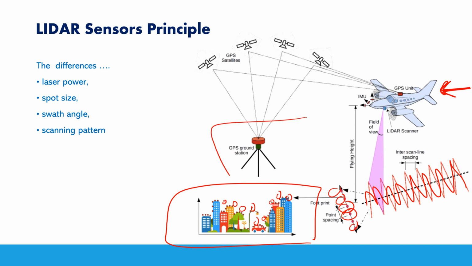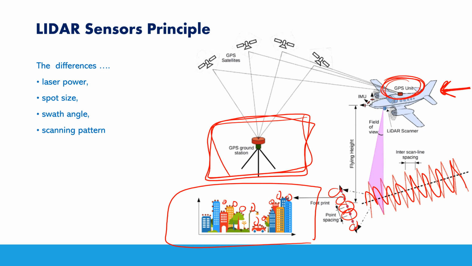And we have the GPS system. We have some ground station system and also the GPS receiver on the aircraft to determine the coordinates of the aircraft or the laser scanner.